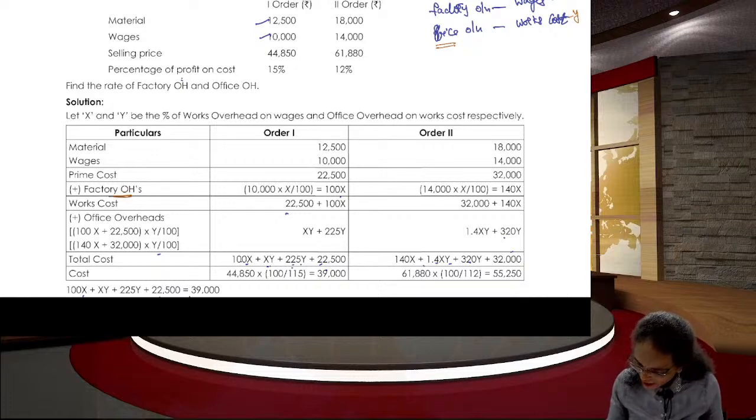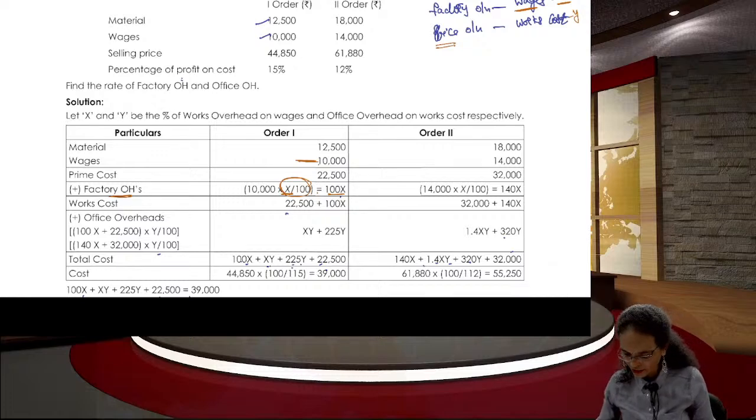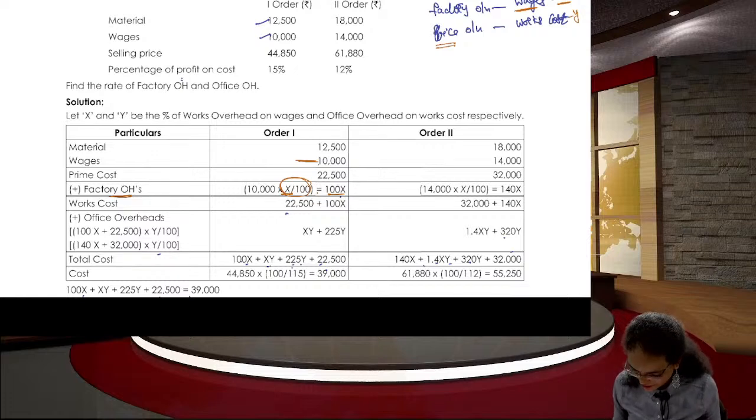What is the factory overhead? Some percentage, that is X percentage of wages. What are the wages? Here 10,000. 10,000 into X percentage divided by 100 is 100X. So you got the factory overhead as 100X.